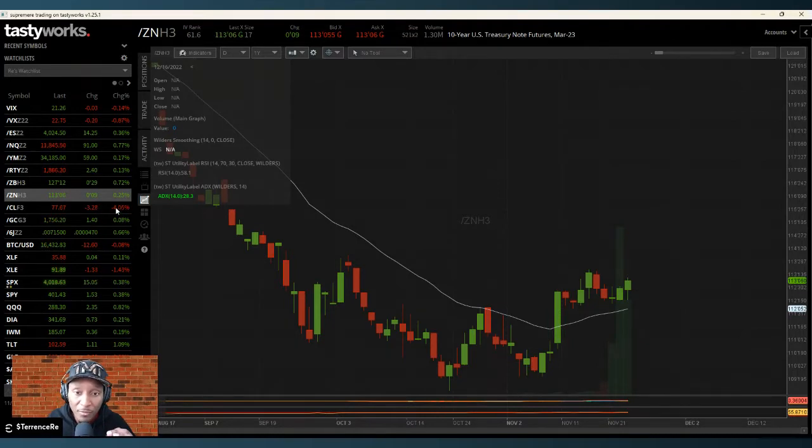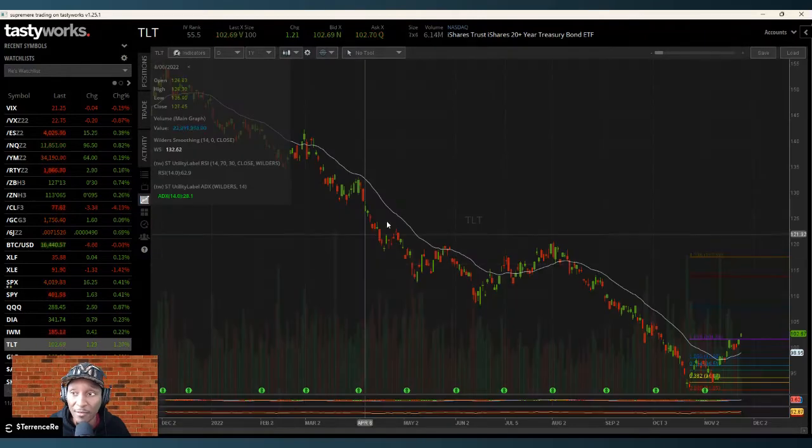So right now we're in a rate hike period, right? So the Fed has been raising interest rates. And I'm going to pull up the TLT, which is an ETF of the bond market, basically. You look up here, it says iShares Trust 20 plus year Treasury Bond ETF.